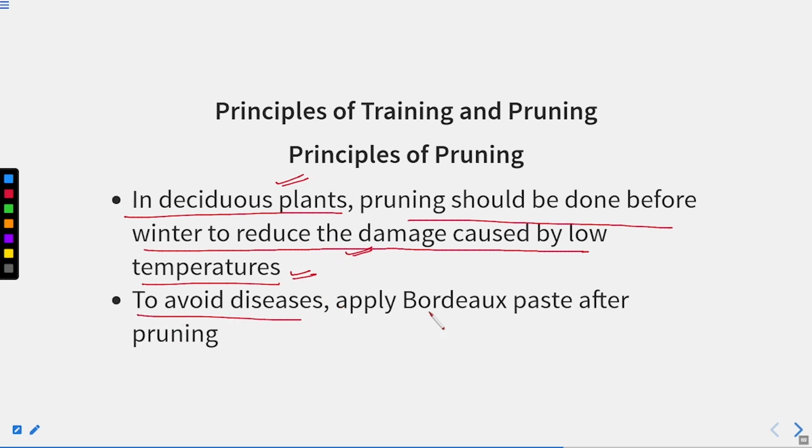To avoid diseases, apply Bordeaux paste after the pruning. There can be disease because when you cut some of the branches, the tissues of the tree are exposed, right? So what to do? In that case, you can apply the Bordeaux mixture paste to that part and it will prevent the diseases from occurring.